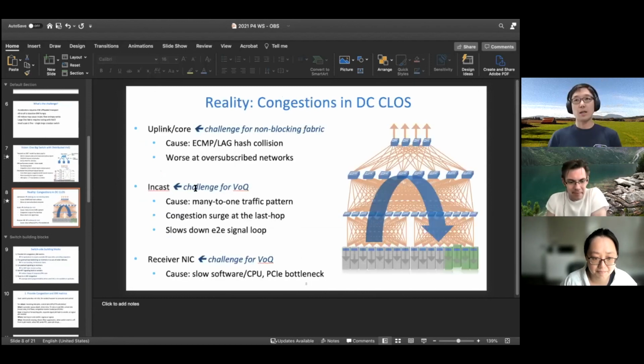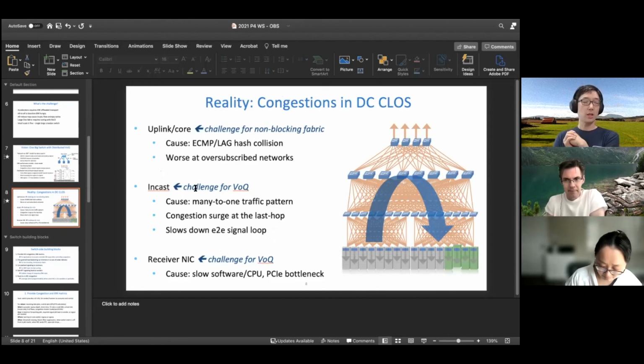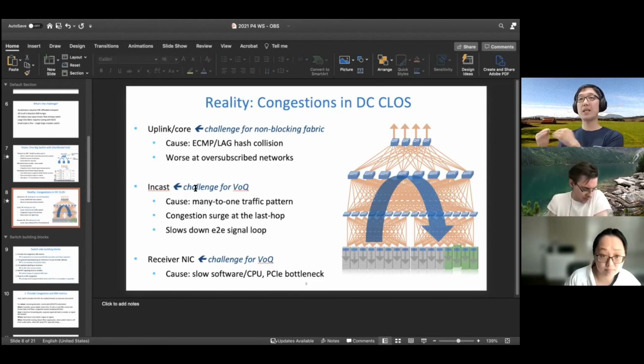Like I briefly mentioned, the receiver NIC congestion is more about PPS or high IOPS. If you have many actual physical queues at the receiver NIC side, which can isolate congestion to different receiver applications, it may not resolve the congestion by itself, but it still provides good isolation.